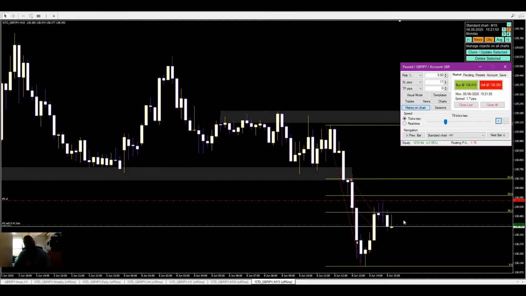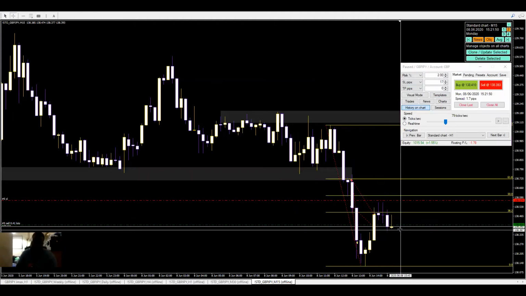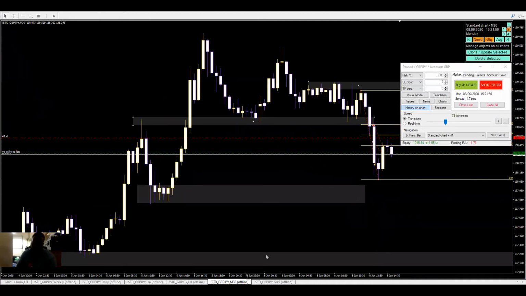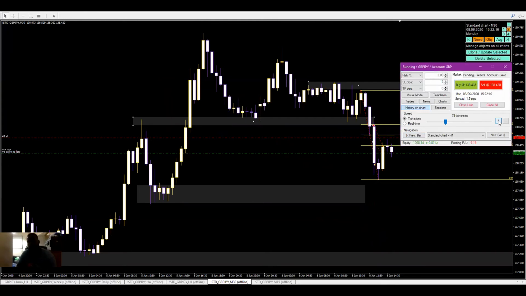It looks like it's going to do its thing and probably continue down. So let's start stacking orders. I'm not saying this is healthy, but I've seen it play out before. I'm going to put it above the current 30-minute candle's high. Actually, 5% is enough. Let's see what happens.